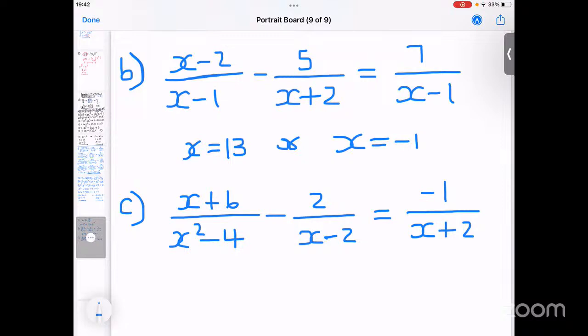For example, when we're going to be doing functions, a hyperbola is in the form of a fraction. So how are you going to solve for x or find the intercepts if you do not know how to find the unknown where you are given fractions? So just make sure that you at least write something.